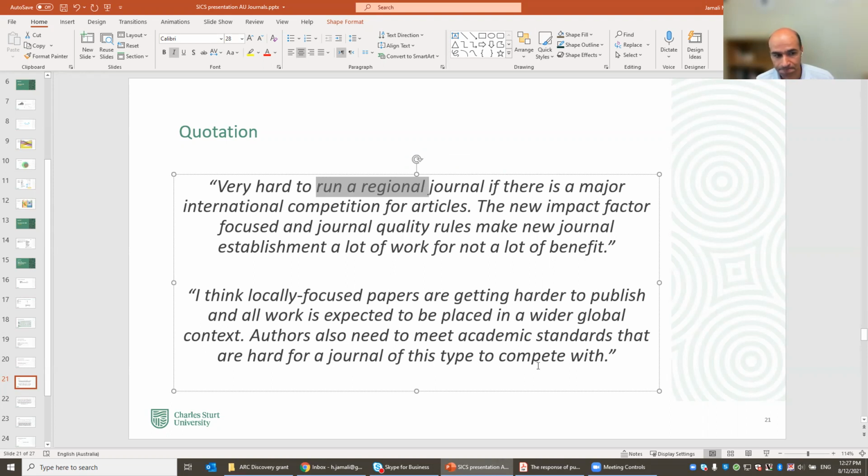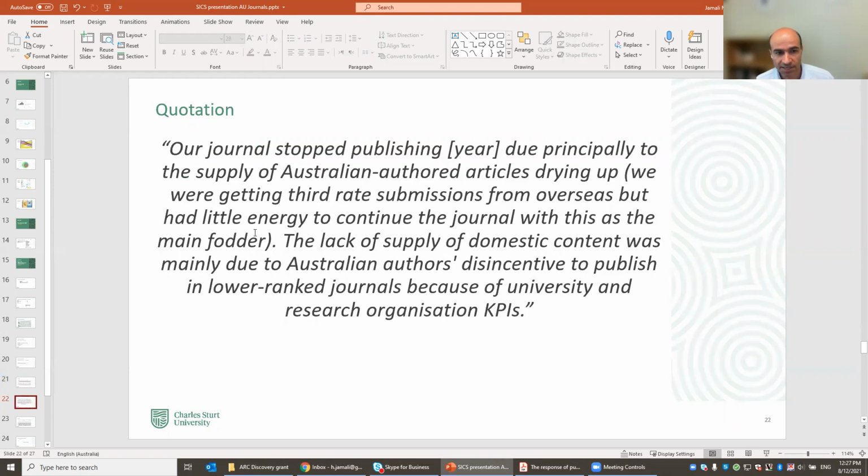Another one is saying, the journal stopped publishing in 2000-something, due principally to the supply of Australian authored articles drying up. We were getting third-rate submissions from overseas, but had little energy to continue the journal with this as the main fodder.